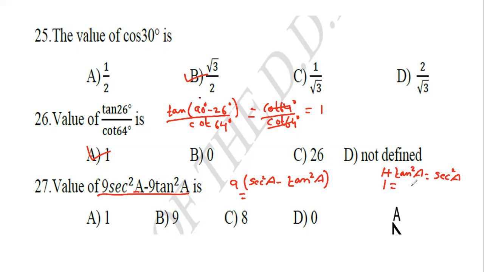So 1 is equals to secant square A minus tan square A. So substitute 1 for secant square A minus tan square A. 9 into 1 is equals to 9. So which option is right? Option B is correct. Next, 28th question.